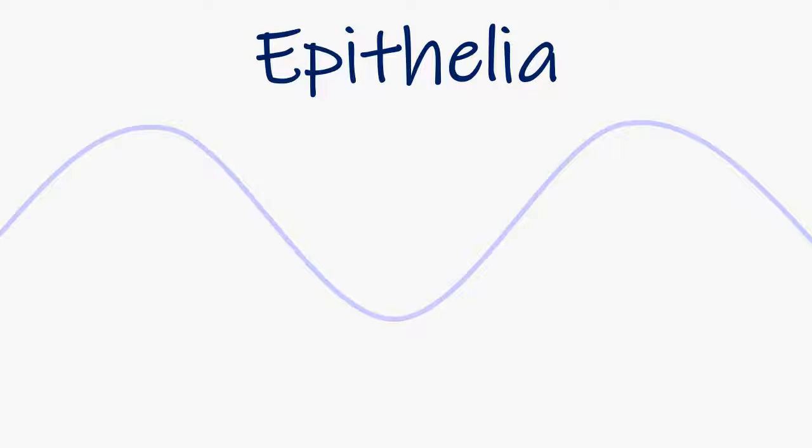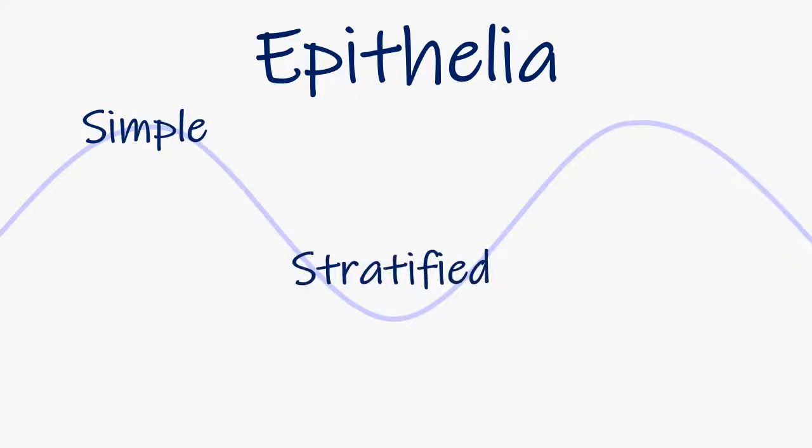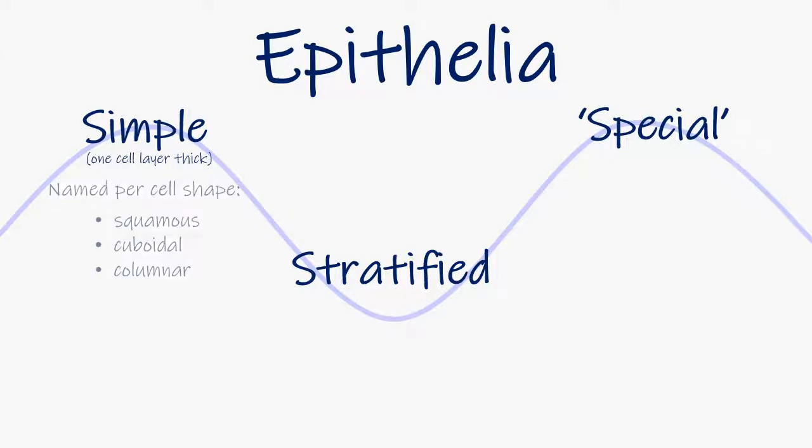Epithelia can broadly be placed into three categories: simple, stratified, and what I like to call the special epithelia. Simple epithelia are epithelia that are only one cell layer thick, hence the name simple. They are named according to their shapes and can be squamous, cuboidal, or columnar. Stratified epithelia, as their name implies, consist of two or more layers.